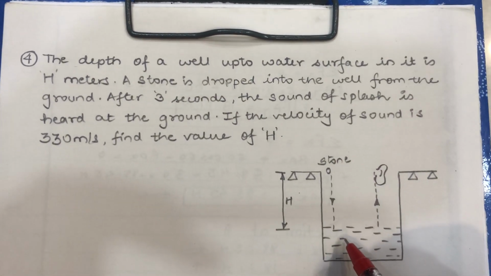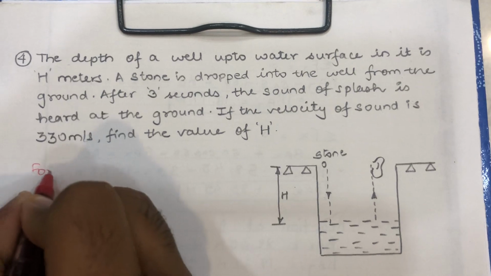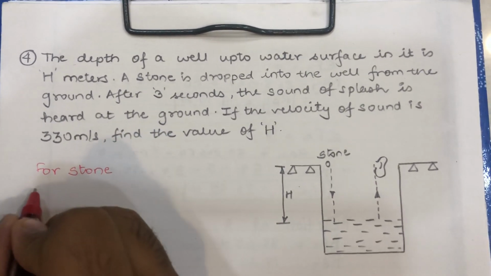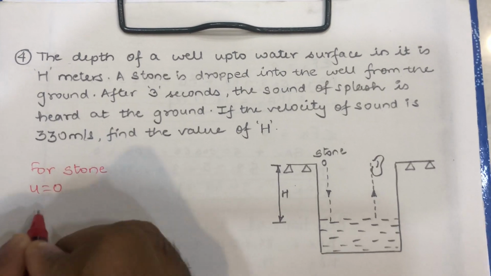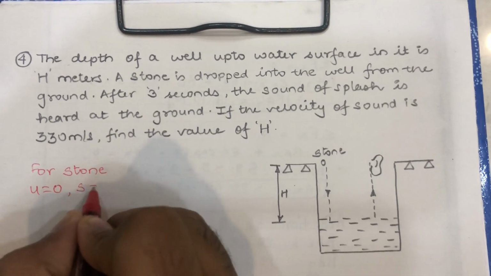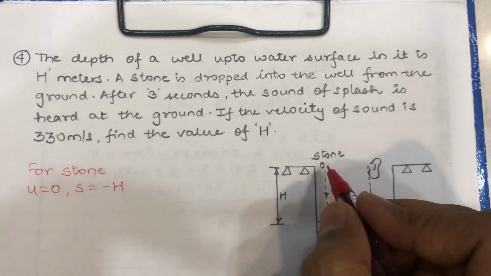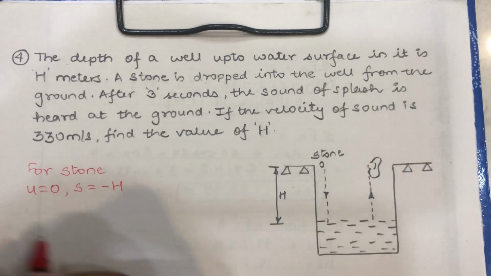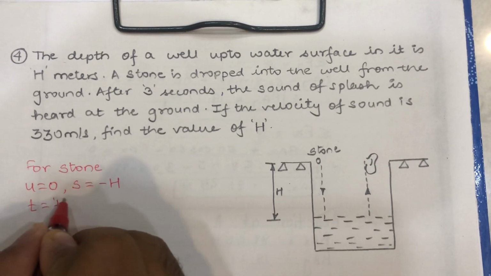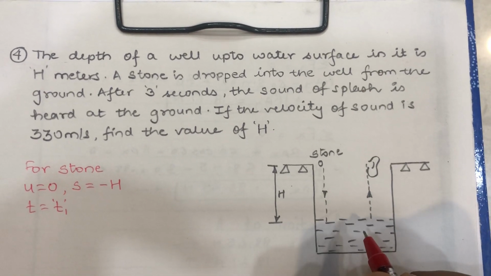For the stone, the initial velocity will be 0. At the same time, s will be minus h as it is traveling down. The time taken for the stone to reach the water level is t1.